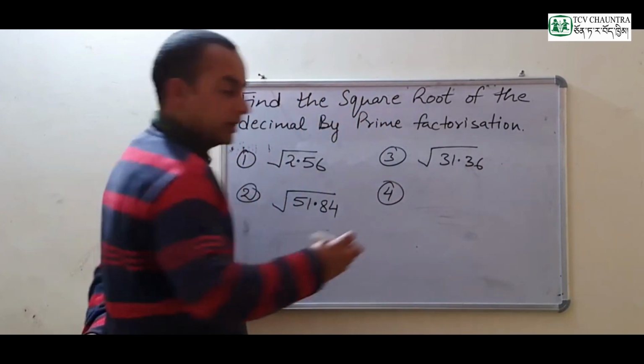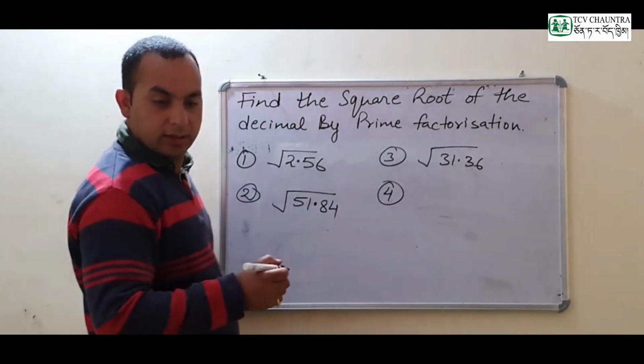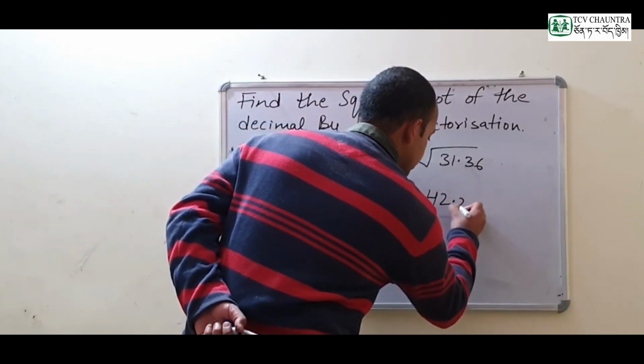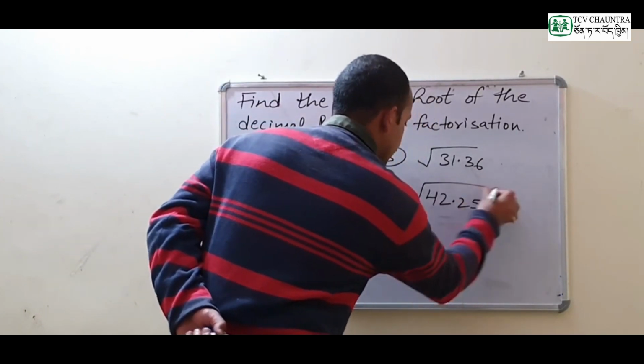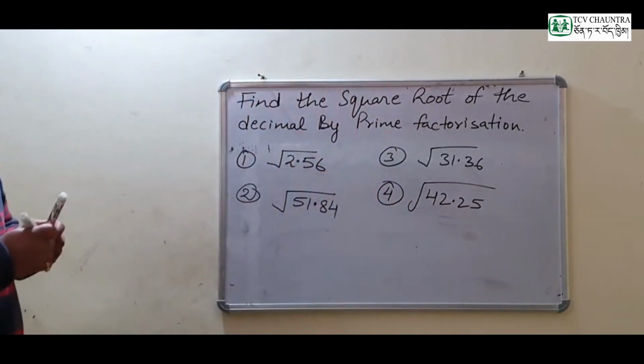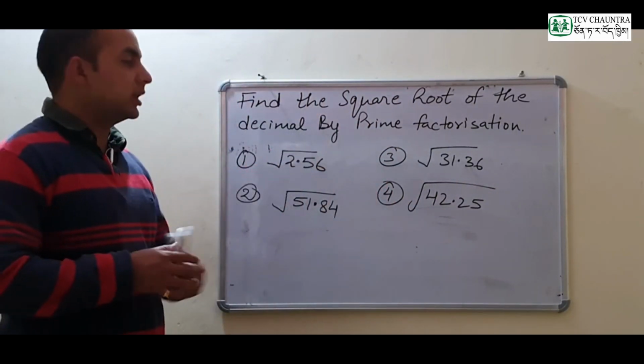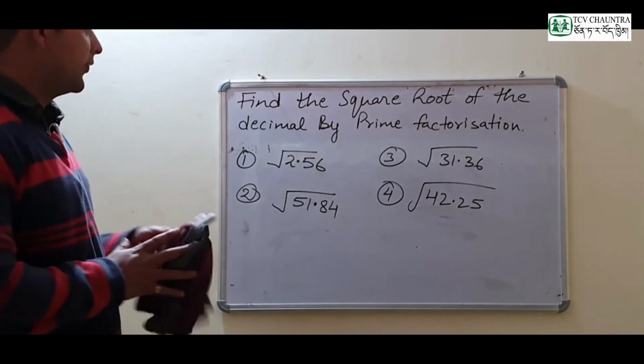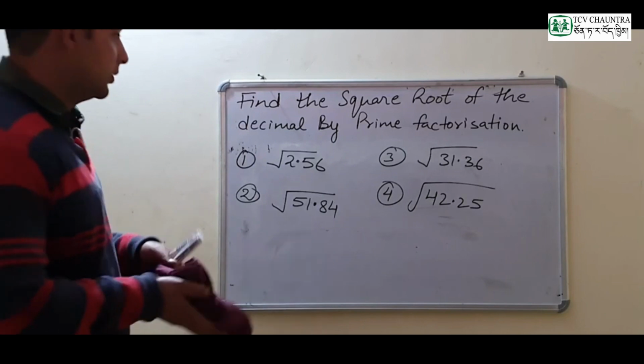Question number 4, 42.25. These are 4 questions. You are going to find the square root of the decimal by using the prime factorization. These are the 4 questions regarding decimal numbers.